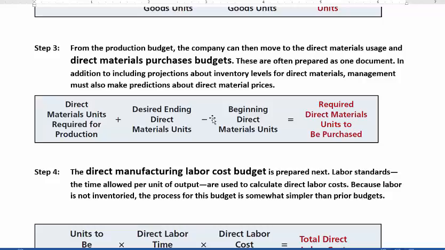Again, with our balance sheet, raw materials inventory, we're going to have so many desired ending units, and those desired ending units times their price is going to equal our raw materials inventory value on the balance sheet.